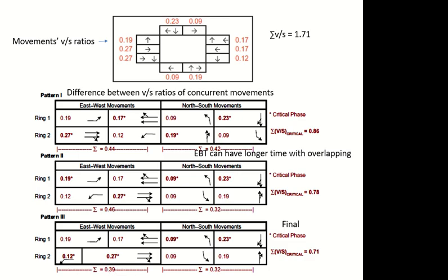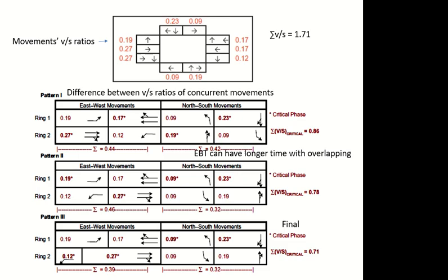Okay, so when I pick this sequence, 0.39 from here, 0.12 plus 0.27, 0.39 critical sequence from here, 0.09 from here plus 0.23 from here, the critical one. Okay, now the summation is 0.71, which is obviously better than 0.78.